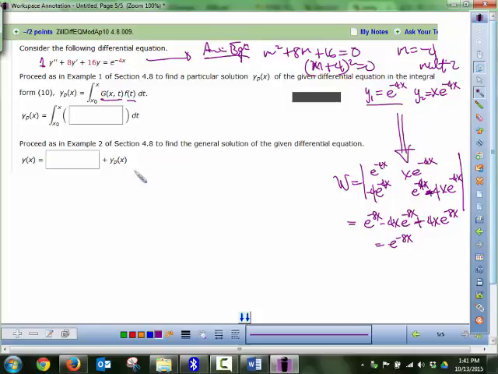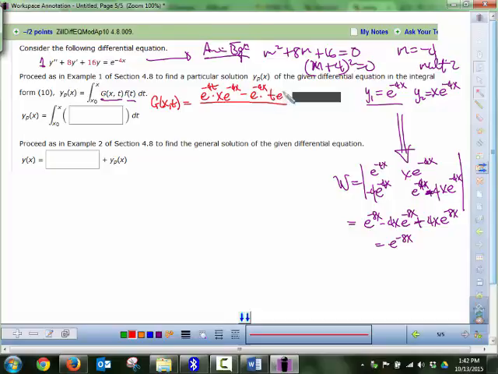So y1 with a t. So g of x and t: y1 with a t, I thought it was an x, e to the minus 4t, and then this one has an x times e to the negative 4x, minus, and then just switch the roles, e to the negative 4x times t e to the negative 4t, divided by e to the negative 8t.